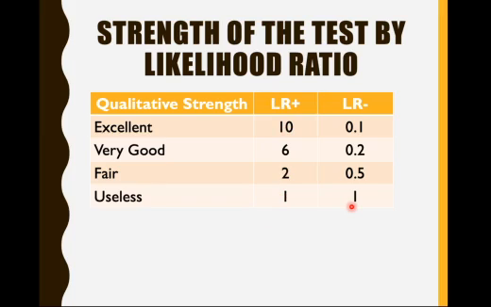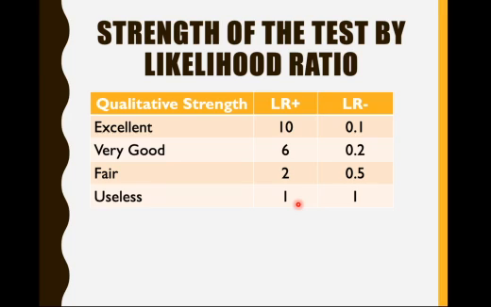So when do we get a value equal to 1 for likelihood ratio? We get a likelihood ratio positive equal to 1 if the numerator and the denominator are the same, are equal, because if the numerator is equal to the denominator, the likelihood ratio will be equal to 1.